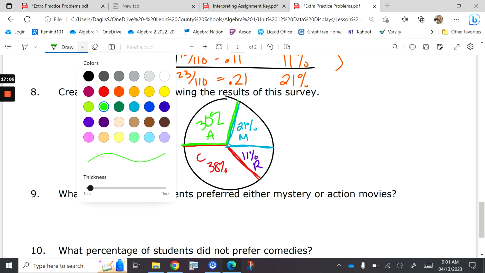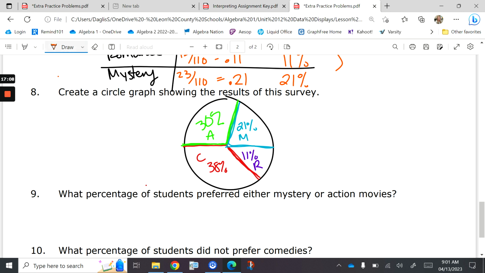All right, time to answer questions about them. Here we go. What percentage of students prefer either mystery or action? This word right here wants you to add the percents together. So my percent of mystery was 21 plus my percent of action, which was 30%.